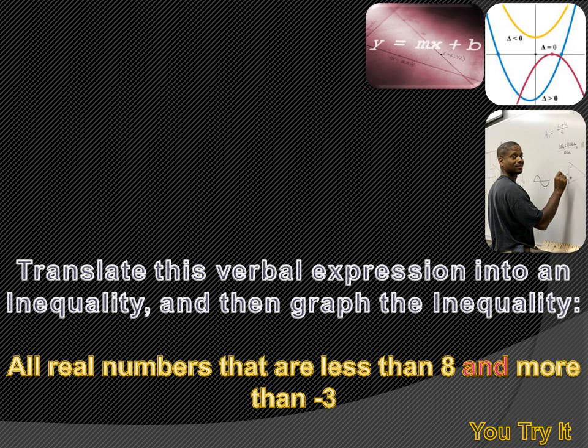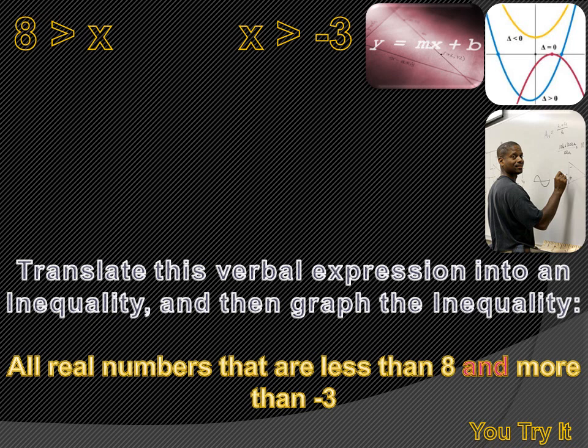Well, let's see if we can write this. First, I see that x is less than 8. Then I see x is more than minus 3. x is greater than minus 3. Well, now x is less than 8, I can turn that around. I can rewrite that as 8 is greater than x.